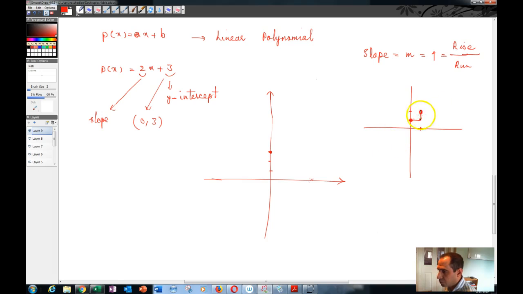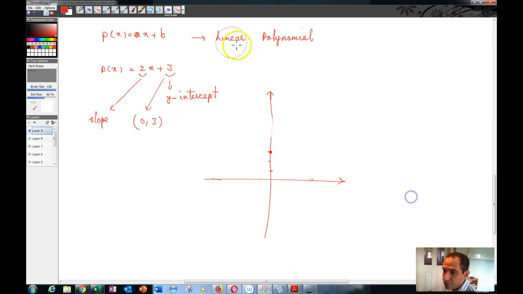That would be the second point on the graph of the function, and then you can say that the slope of this line is equal to 1. Meaning that for 1 unit of horizontal change, you have 1 unit of vertical change. And that's what the slope is. It tells you a lot about change and the rate of change and so on and so forth. We'll get to that hopefully soon.